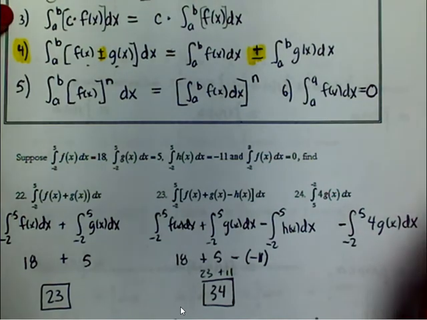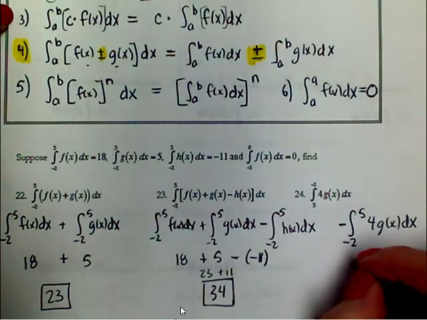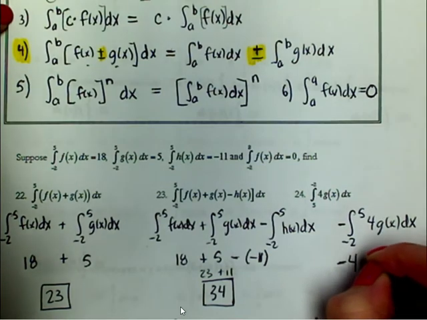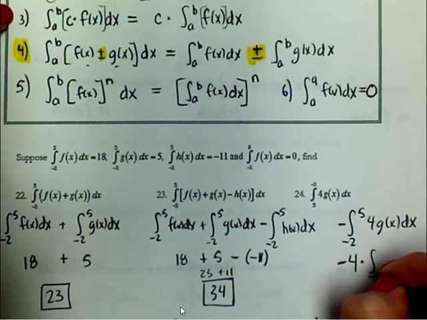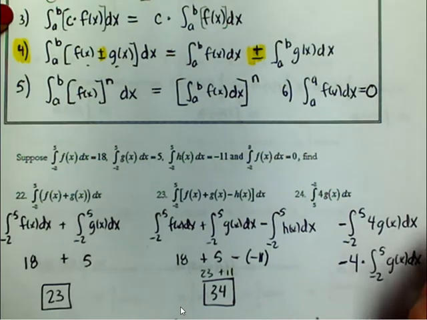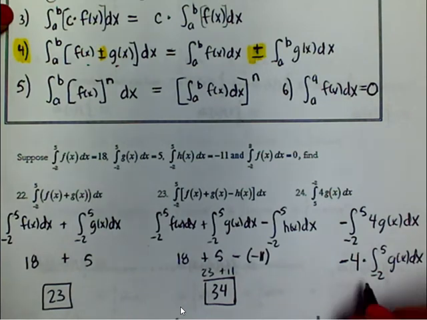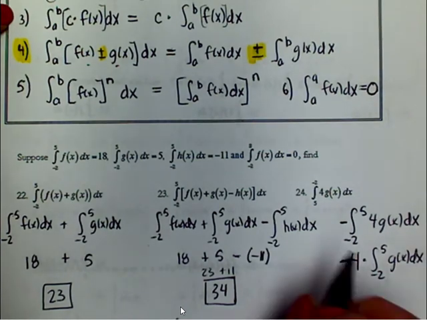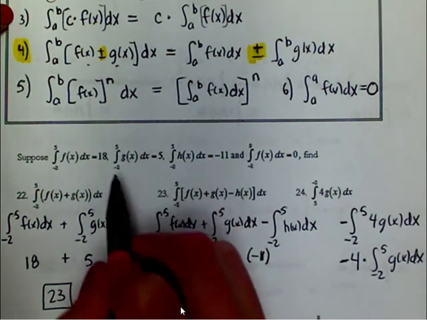Okay, so that's property number 3. The 4 is going to come in front. Still negative. Negative 2 to 5 g of x dx. Okay, now this one I can look up. Negative 2 to 5 is equal to 5.